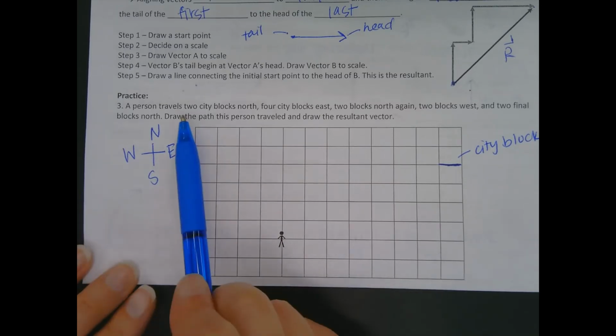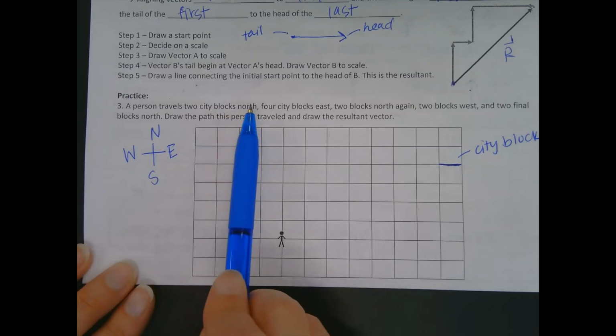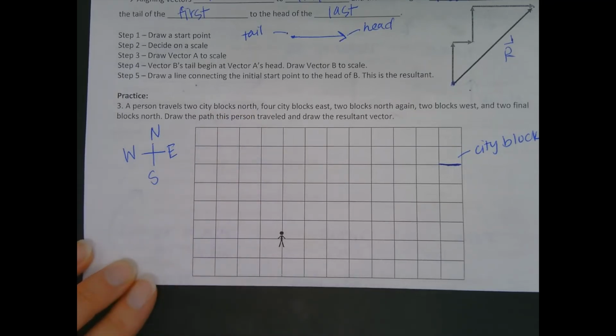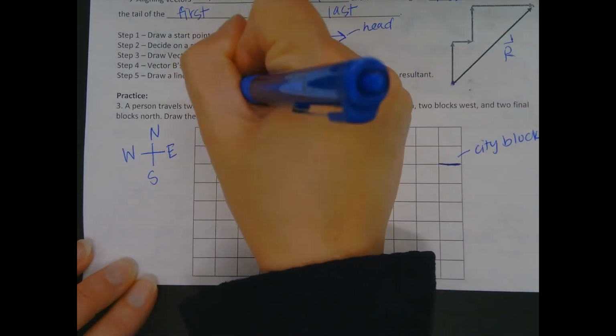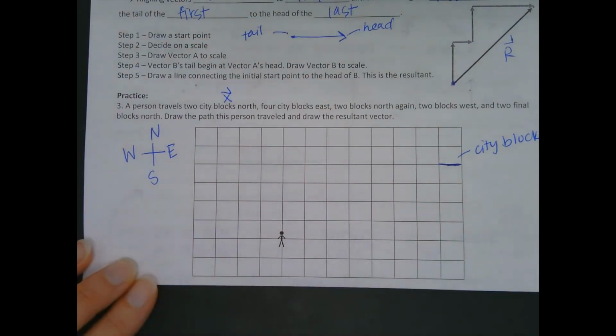The first one, 2 city blocks north. If we're traveling blocks, is that going to be a velocity, an acceleration, a displacement? Exactly. We're looking at displacements here, just so we keep that in our brain.